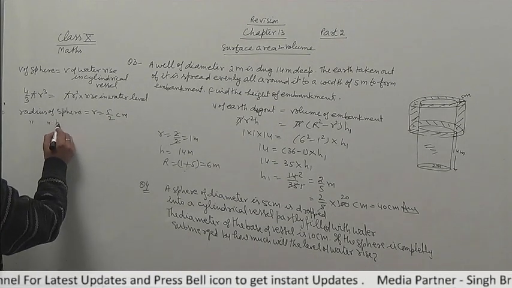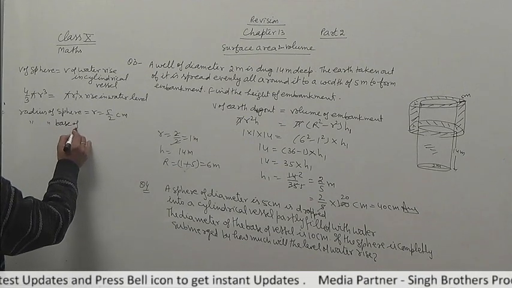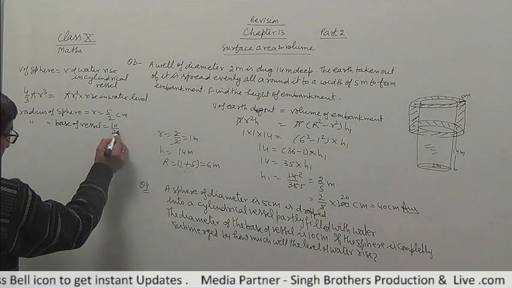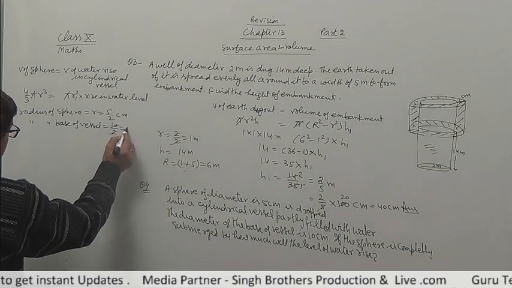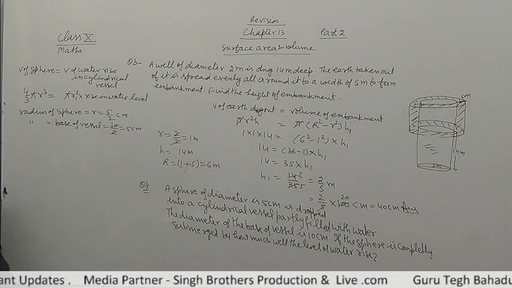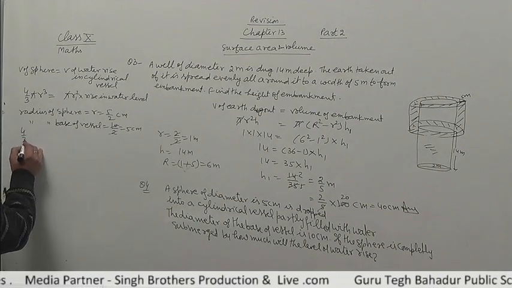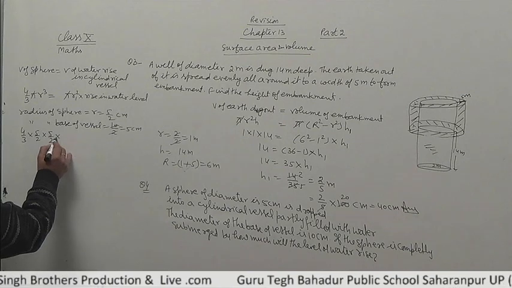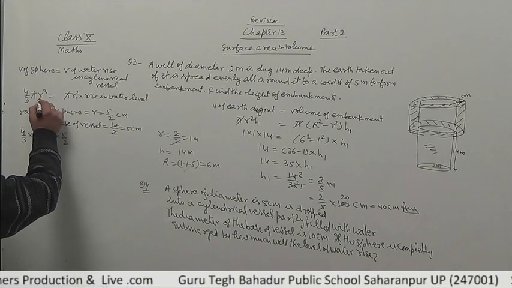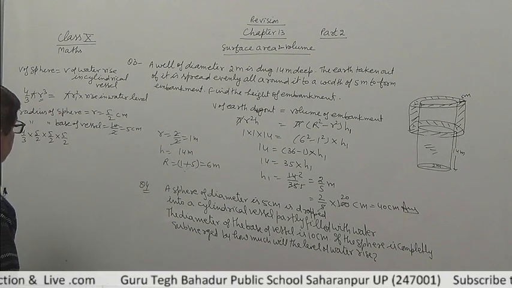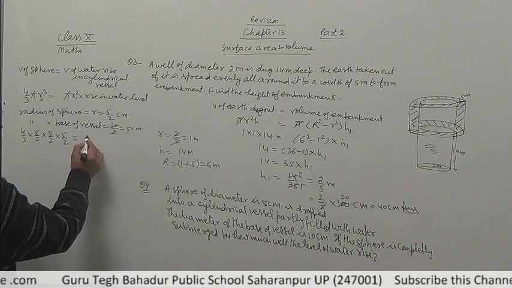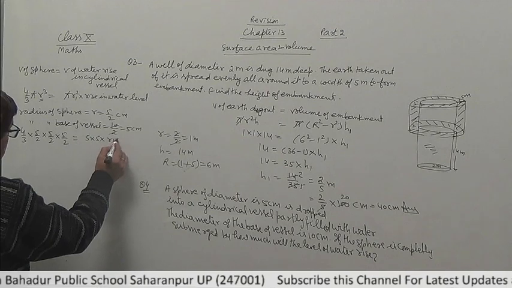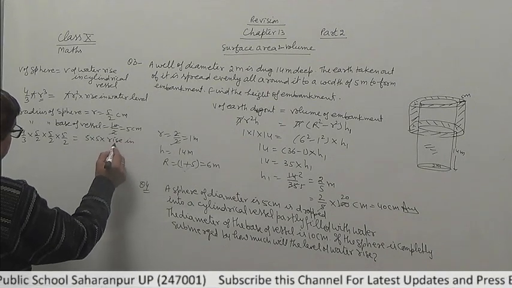Radius of base of vessel is equal to 10 upon 2, that is equal to 5 centimeter. 4 upon 3 into 5 upon 2 into 5 upon 2 into 5 upon 2, that is R cube, is equal to 5 into 5 into rise in water level.